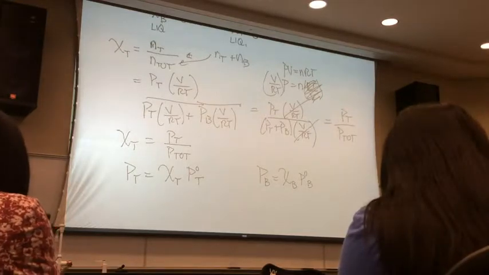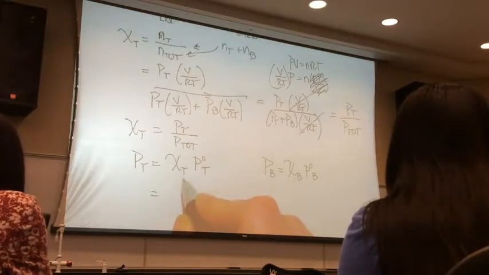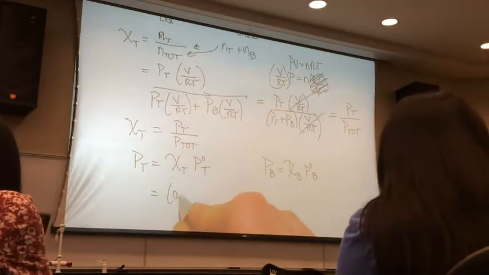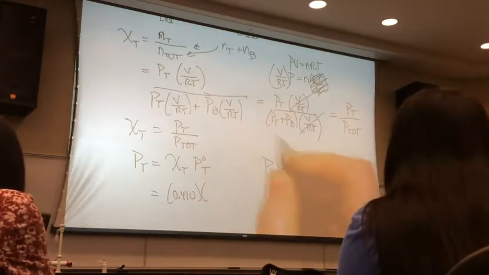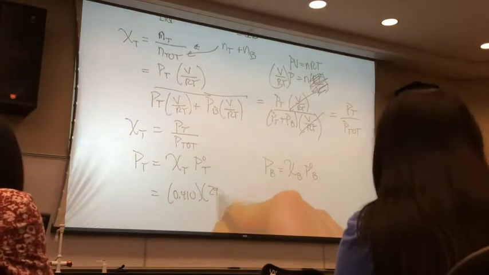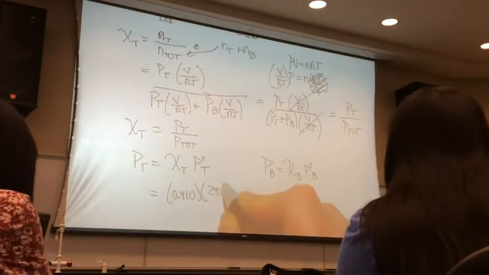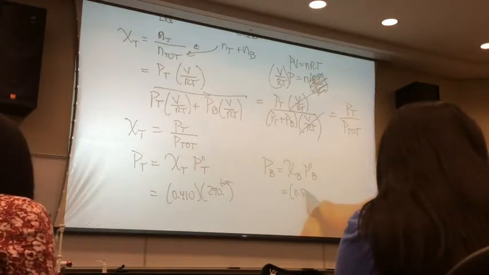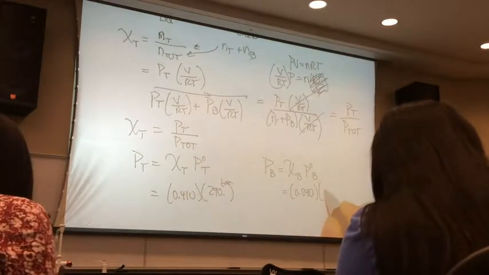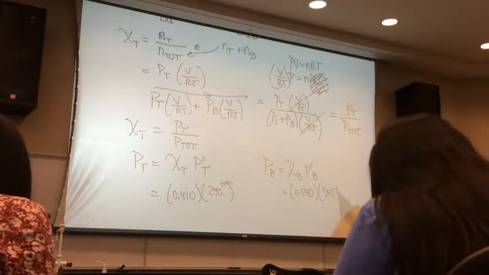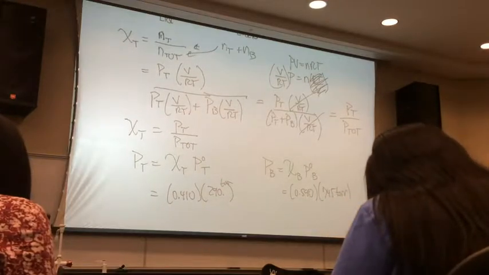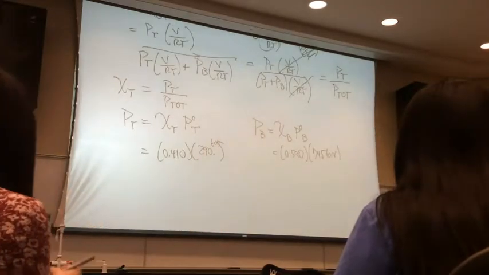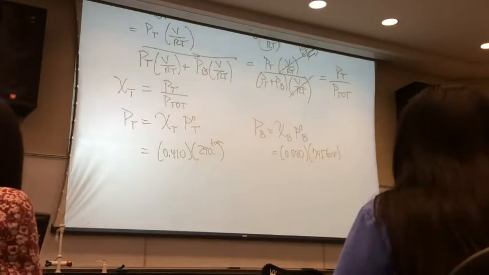So the mole fraction of toluene, we were told, or we calculated, is 0.410 times P0, which is 290, and that's in torr. This one here is 0.59 times its pure pressure, which is 745 torr. Right? So then we just calculate those two values, 0.41 times 290.